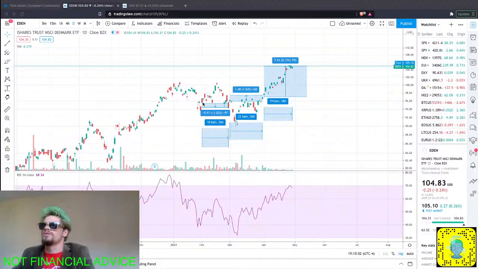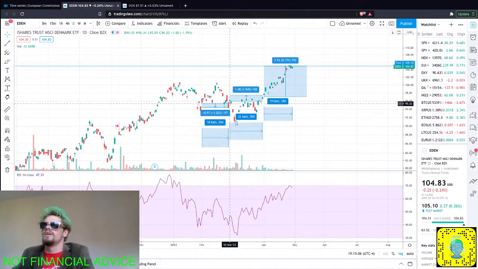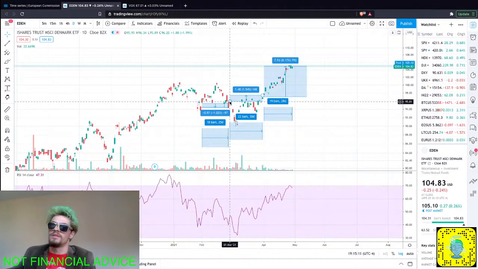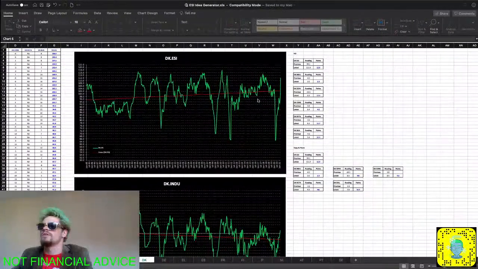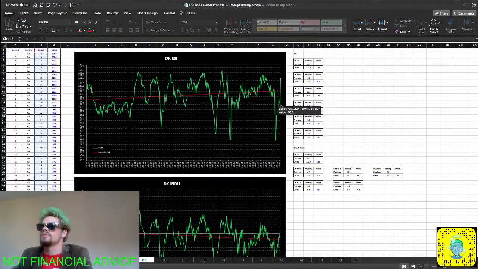You would not have wanted to buy it right here. I mean, you could have bought it and made 1.5% holding from March 1st through March 31st, the entire month of March. But by looking at this data, you would know it's not going to go up very much.